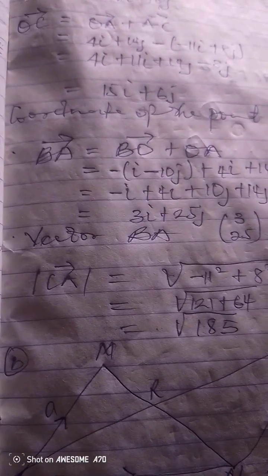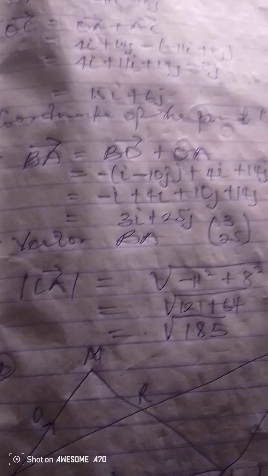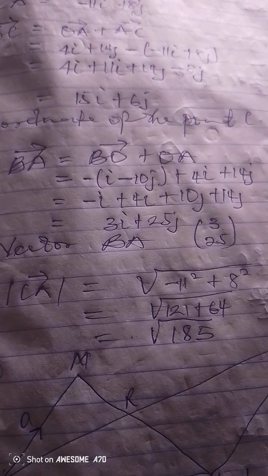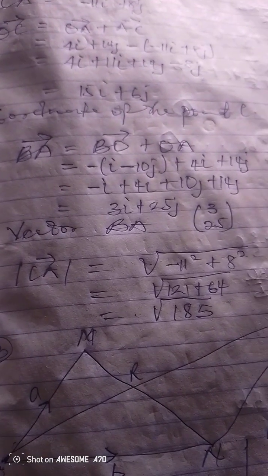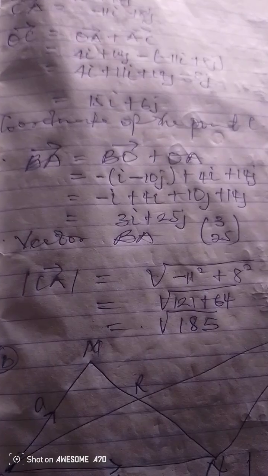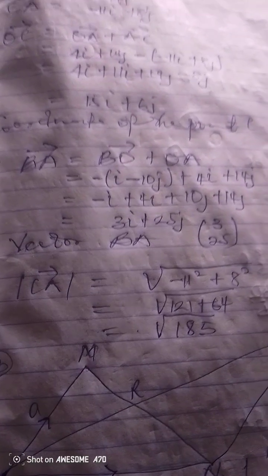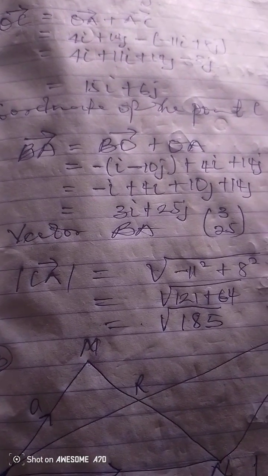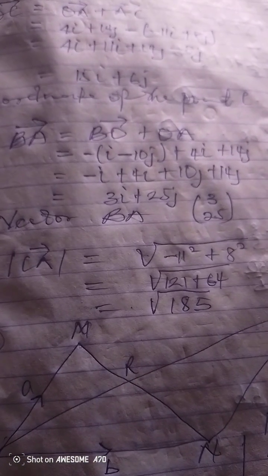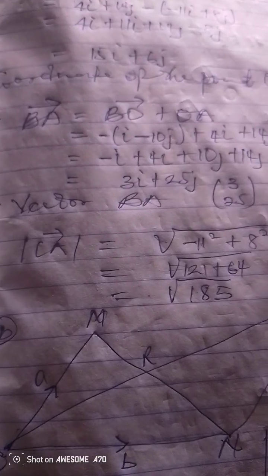So we have minus i plus 10j plus 4i plus 14j. That gives us minus i plus 4i, plus 10j plus 14j. So we have 3i plus 25j. So vector BA is given as the column vector (3, 25).